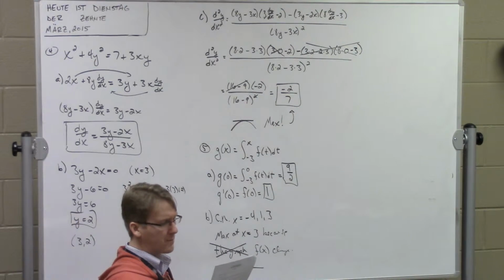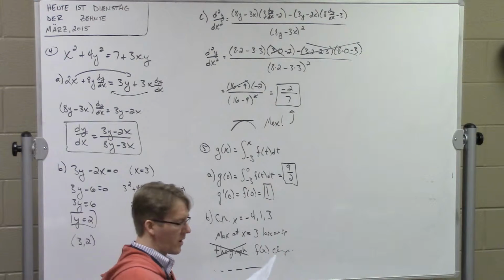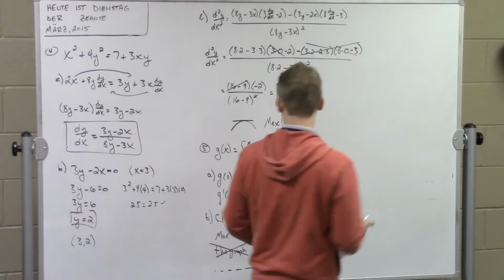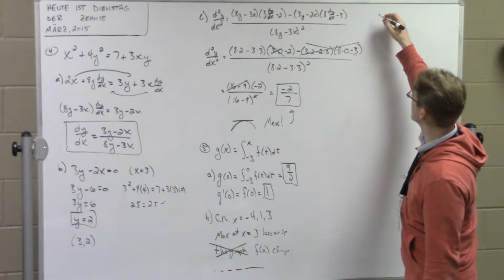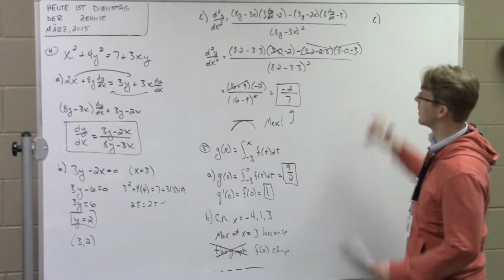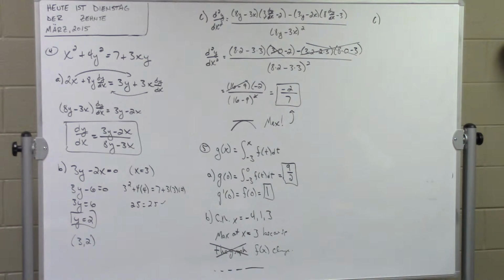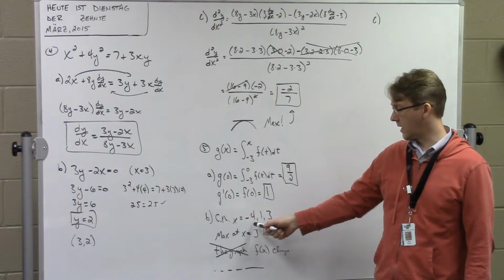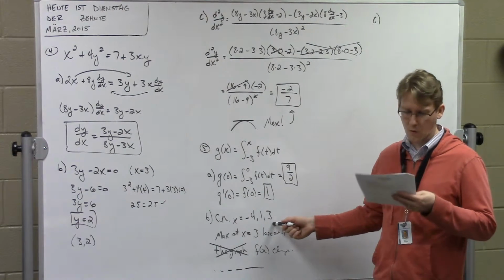C, find the absolute minimum value, not where it occurs, but what it is. Again, we do all the critical numbers, and we've seen that the critical numbers are at -4, 1, and 3. Now, hang on.